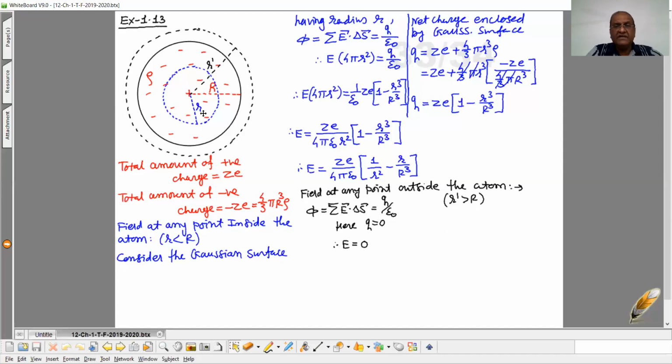The atom as a whole is electrically neutral. So the net charge enclosed by this Gaussian surface is 0. When Q equals 0, the net electric field will also be 0. It implies that outside the atom, at any point, the electric field is 0. Clear to all of you?